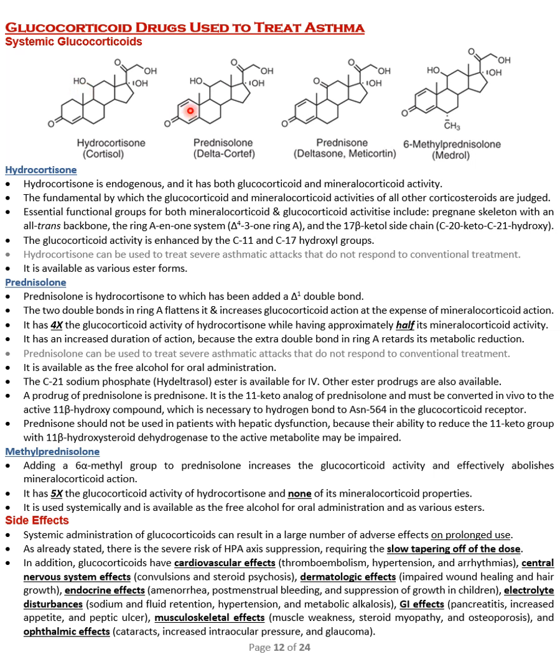This double bond also prevents one of the metabolic reactions described earlier, and therefore it would have a longer duration of action than the hydrocortisone. Okay, and it's available in free alcohol for oral administration.